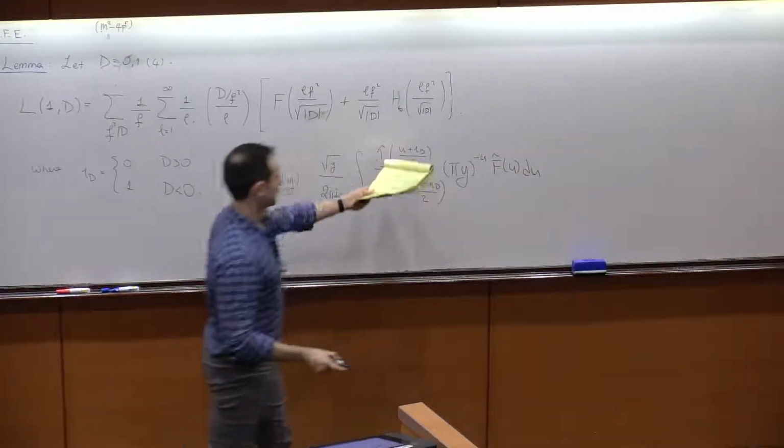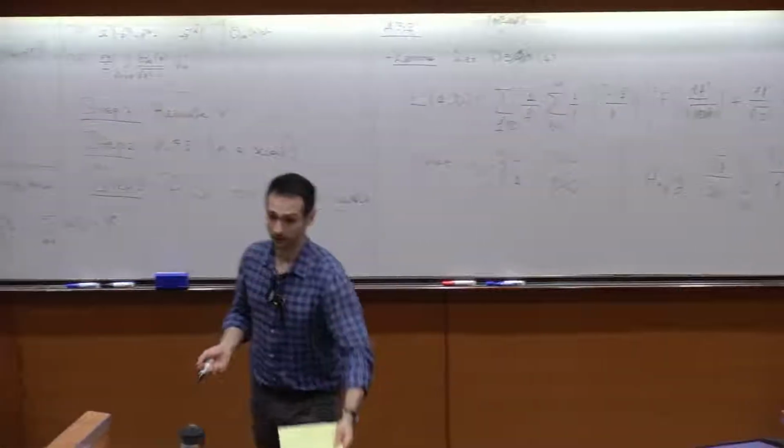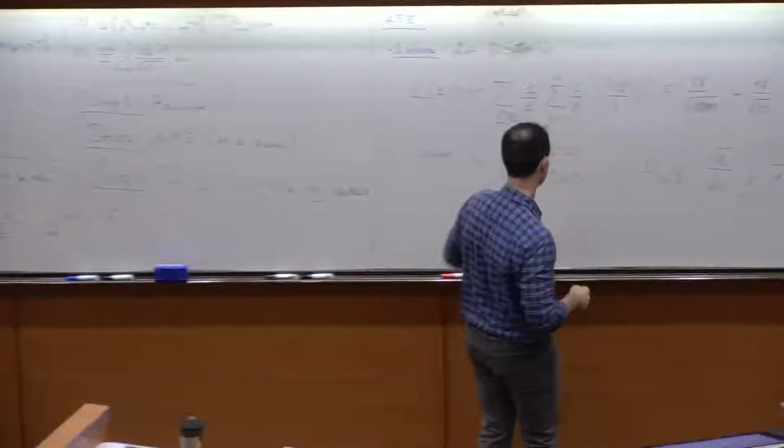So yesterday iota was 1. Today it can take either value, 0 or 1, depending on the real characteristic of the torus.